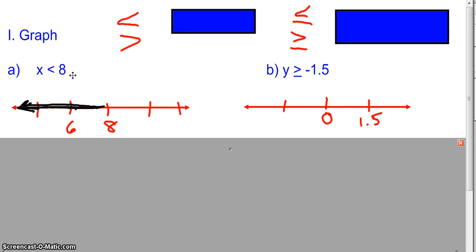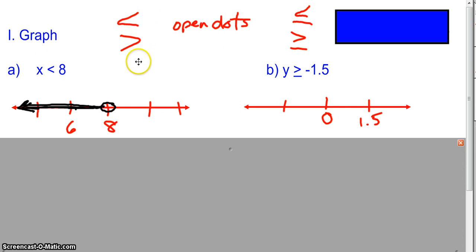So we show that with a less than inequality by showing an open dot there on the boundary. So make sure you put an open dot on 8. Okay, it's not a solution, but it is the boundary of all the solutions. Okay? So if that's true, we would do the same sort of thing with a greater than. We're going to use open dots for less than or greater than graphs.